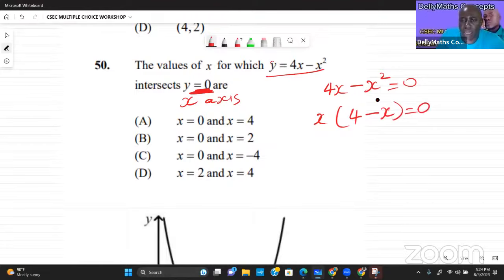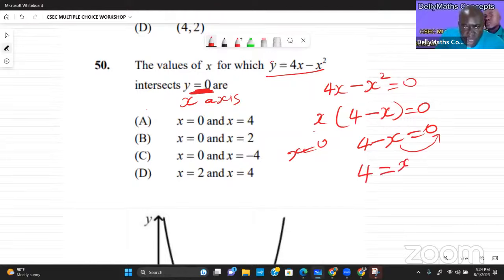So it's either x is 0 or 4 minus x is 0. So x is 0, that's one of the responses, or 4 minus x is 0. If I take this to the other side, 4 is equal to x. So x equals 0, x equals 4.